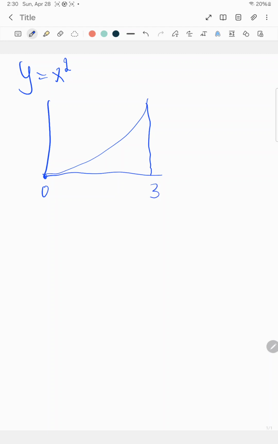If I divide the area into rectangles, 1, 2, 3, 4, 5 rectangles, let's say, and I study the area of those rectangles, I will have approximately the area under the curve.